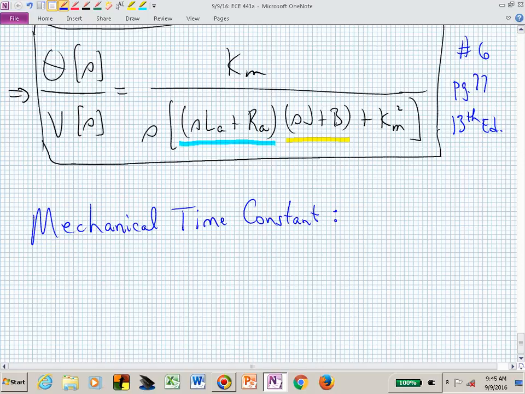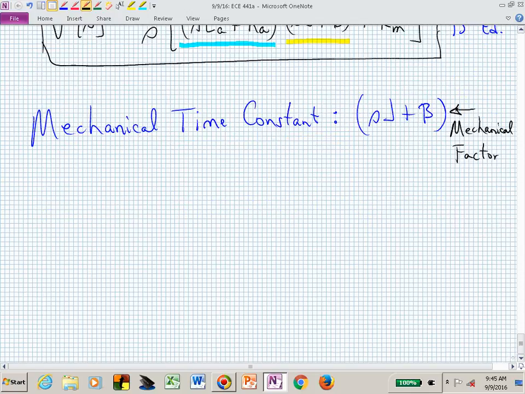But the mechanical time constant is going to be found from this mechanical factor. Meaning, let's factor out the B, and we now have S J over B plus 1.